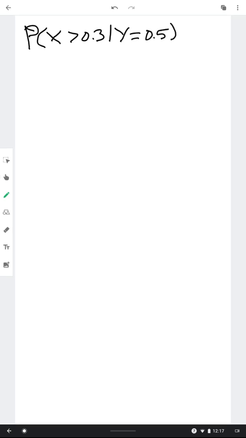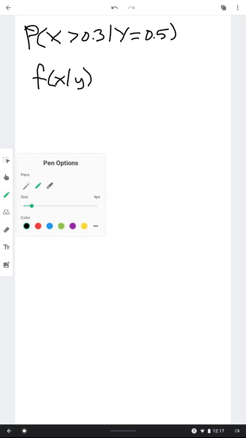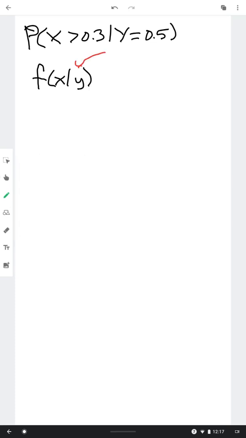Y is a fixed value of 0.5. The first thing we need to do is calculate the conditional distribution. So f of X given Y, our Y in this case is going to be 0.5. Just keep that in mind.